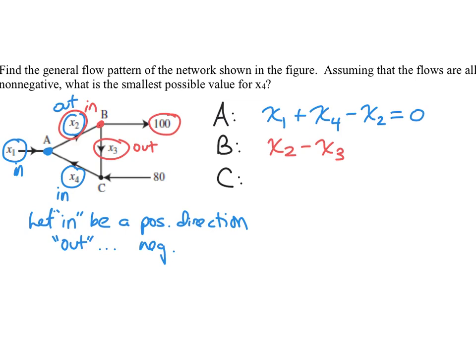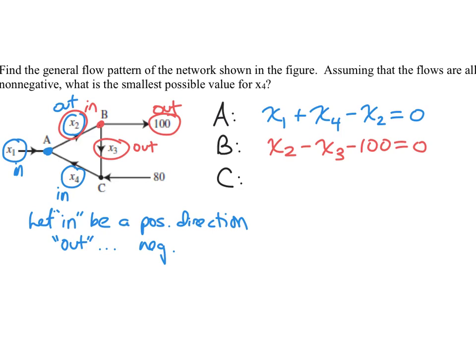This is the flow of foot traffic coming in, coming out, but ultimately at the end of a certain period of time, you're going to have 100 people leaving on this pathway, and that's based off a data collection. But that 100 is in the out direction, so minus 100 equals 0.